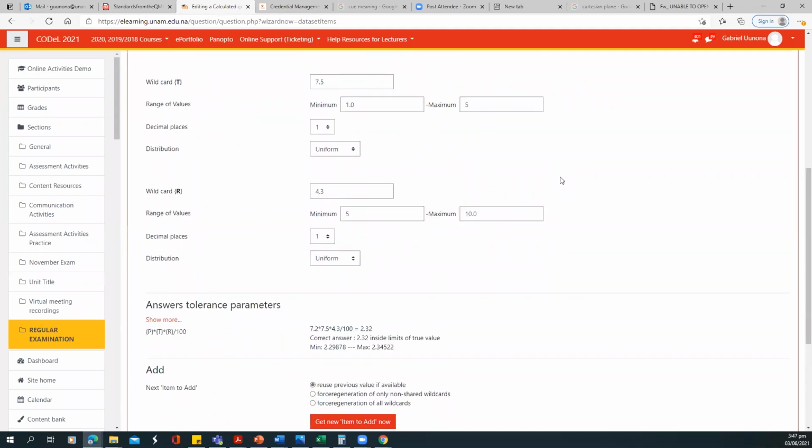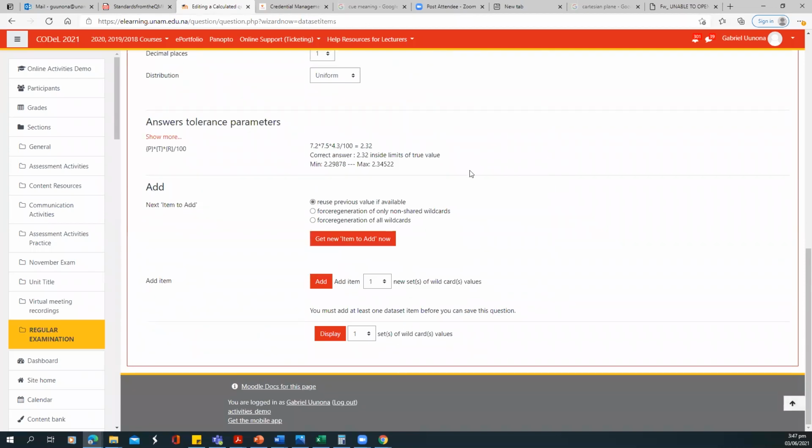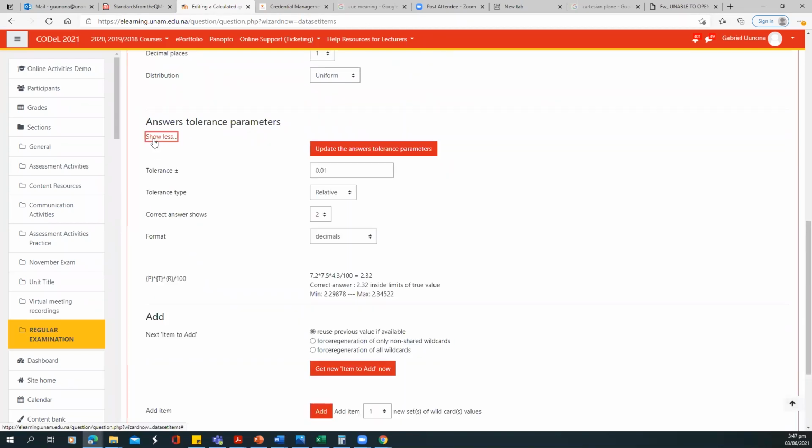Okay. So then what will be next, you will see the tolerance is 10%. Not 10%. The tolerance is 1% in this case, but we can adjust it.